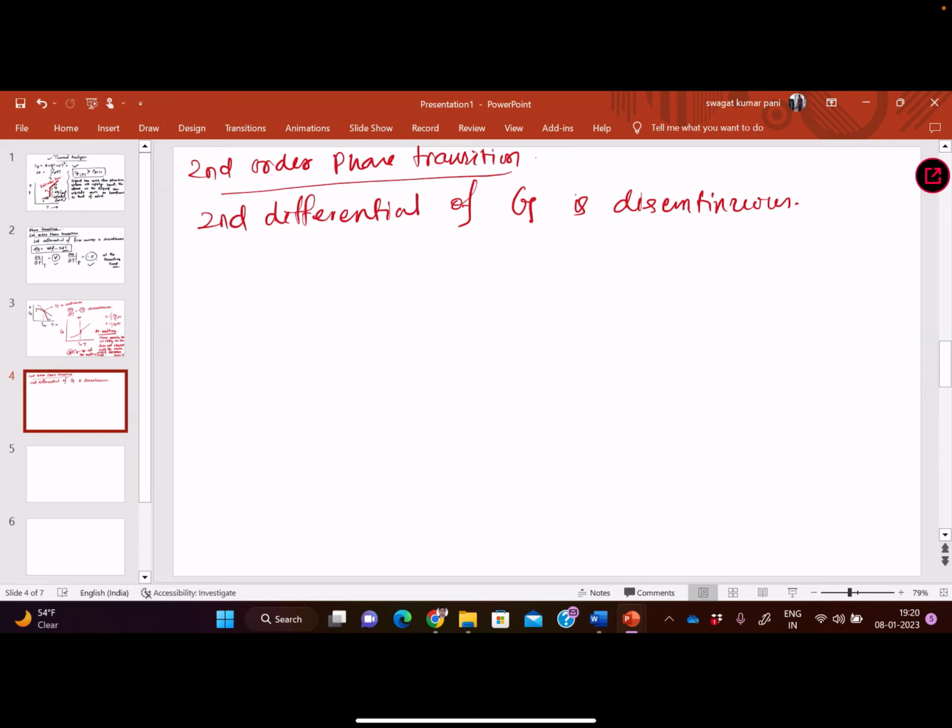So we can take one example. Suppose we take the second differential of G with respect to T. So what is that?